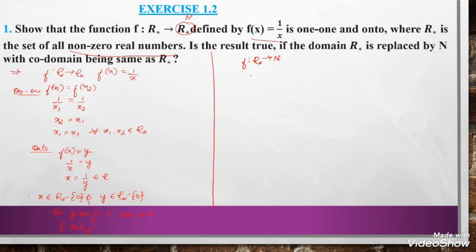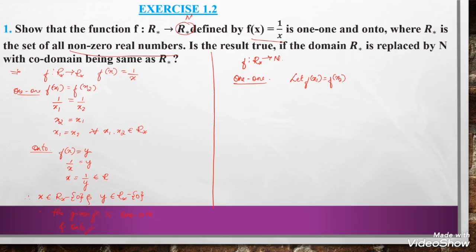Here checking the one-one condition. By the definition of a one-one function, every distinct element in the domain has a distinct element in the codomain. That's why take f of x1 is equal to f of x2.